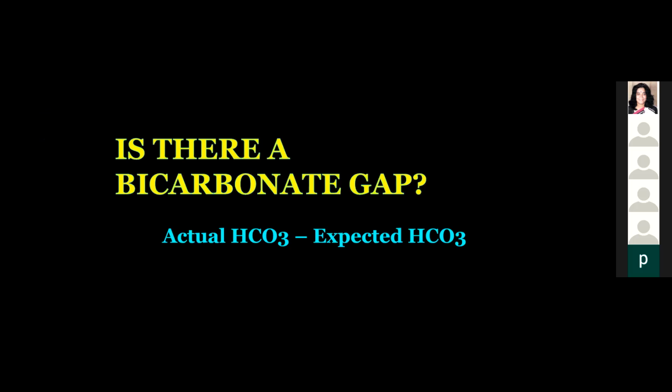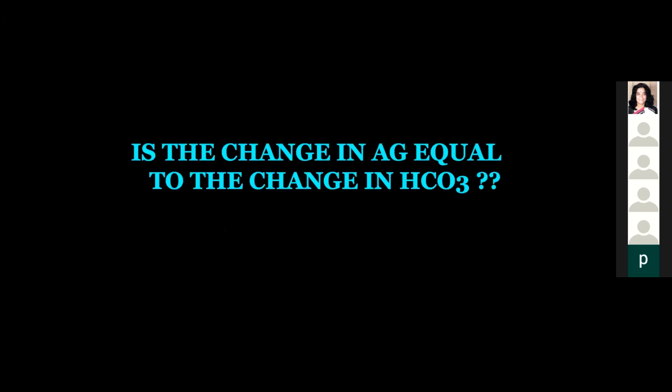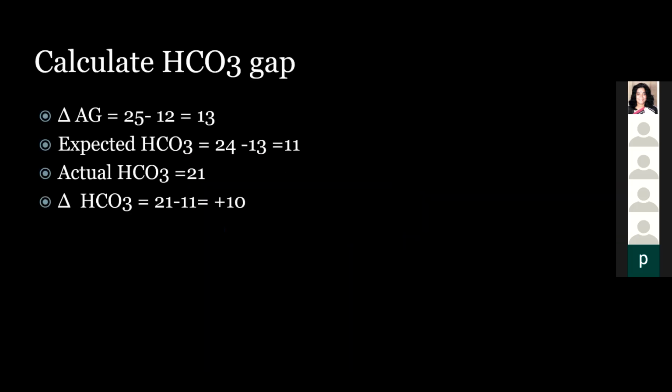So you have to always see, when you have a wide anion gap, is there a bicarbonate gap. So what you're trying to say is, is the change in anion gap equal to the change in bicarbonate. In this child, we have an anion gap of 25. Normal anion gap would be only 12. So you have a delta anion gap of 13.